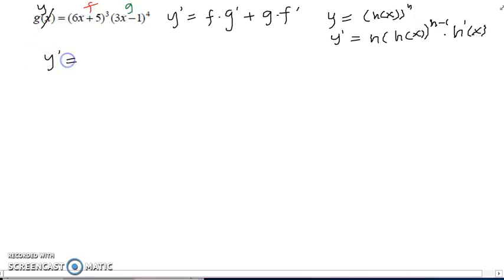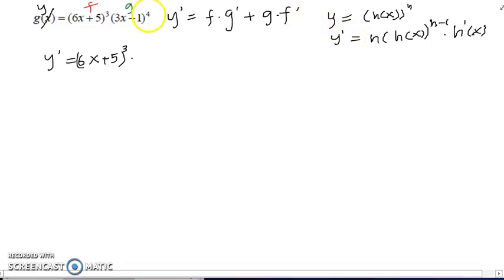Okay, so let's do this y prime now. Y prime would equal 6x plus 5 is f, so I'm going to fix f: (6x + 5) to the cube. This I don't change. But I'm going to do the derivative of (3x - 1) to the fourth, because that's g and I want g prime. What is the derivative of (3x - 1) to the fourth? I can use the general power rule.